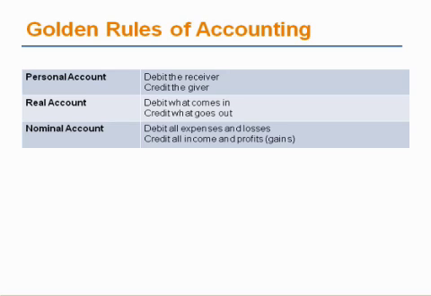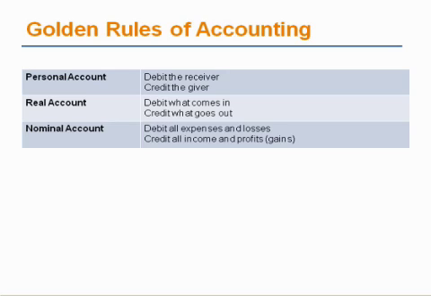Personal accounts are accounts that are related to a person or an organization. The accounting rule that is used for this type of account is debit the receiver, credit the giver, or debit the benefit of the receiver, credit the benefit giver. Real accounts.